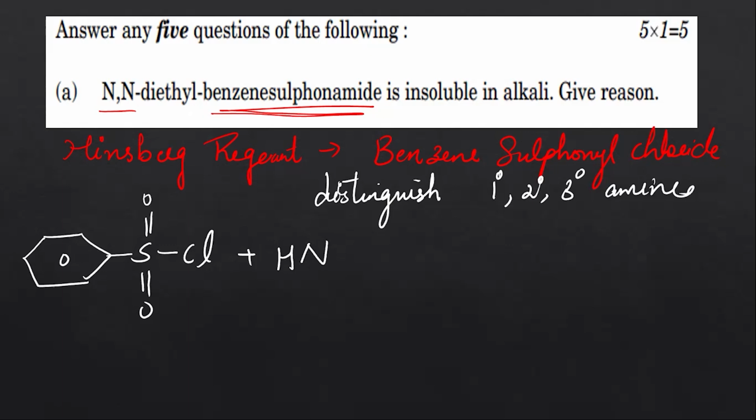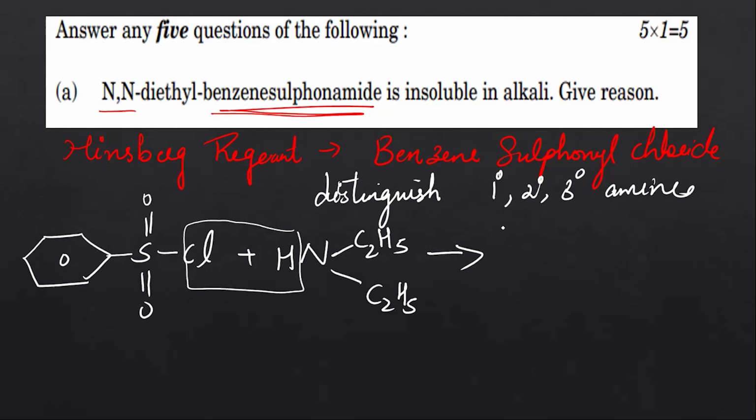Diethyl means secondary amine, C2H5 and C2H5. So HCl will be removed and you will get N,N-diethyl benzene sulfonamide. That is the product here.